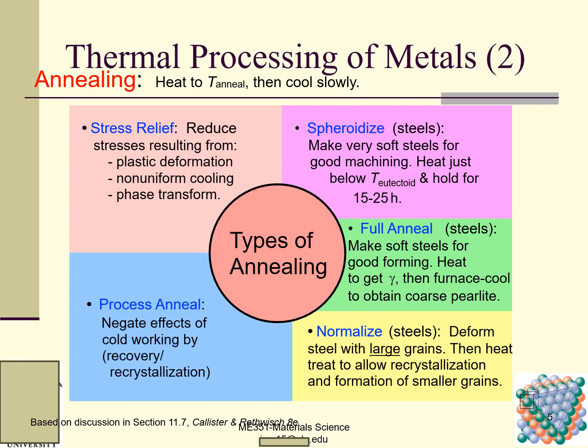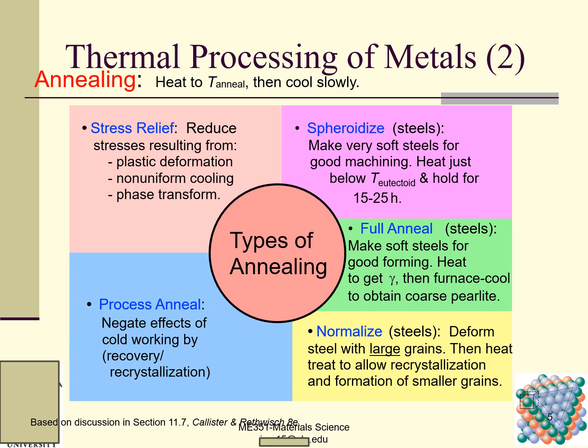The types of annealing, as the definition describes, means that we elevate the temperature to a desired temperature, and then cool it slowly. It can achieve stress relief, reducing stresses resulting from plastic deformation, non-uniform cooling, or phase transformation.